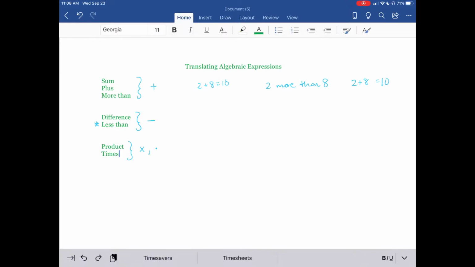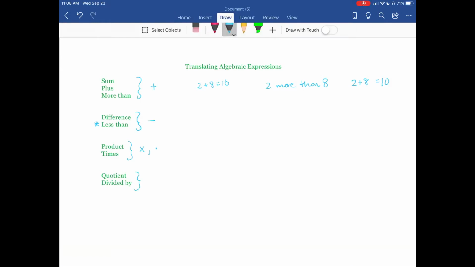Which then takes us to its inverse operation, which is the quotient. And another phrase that we use is divided by. So what comes to mind when you're thinking of that? You're thinking division. So we would say the quotient of 20 and 5, and that would be 20 divided by 5.